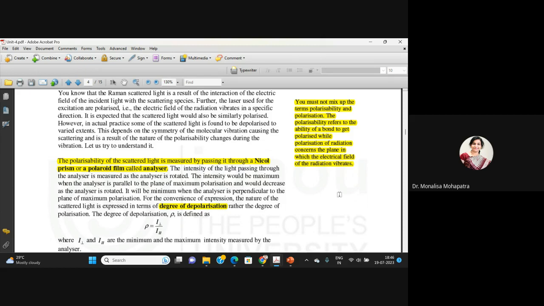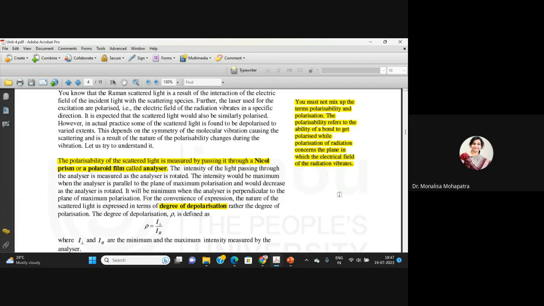Similarly, an analyzer will also be there, but it is kept after the sample part. The emission you get after the sample passes through the analyzer, so that again you get polarized light. But polarization is different.